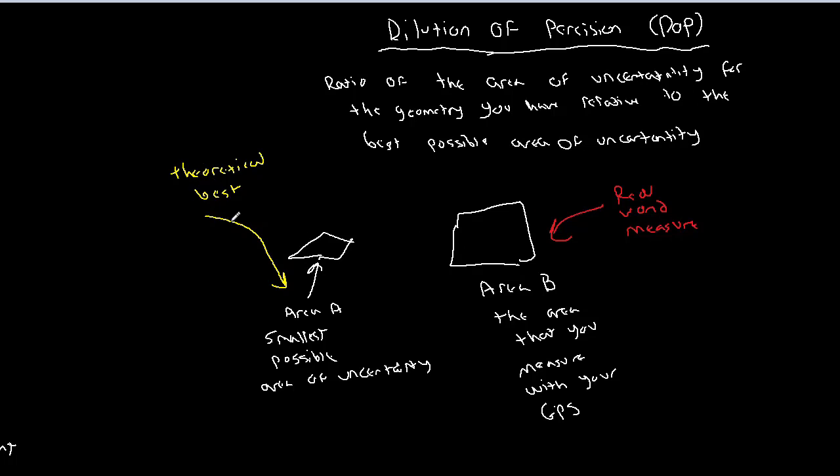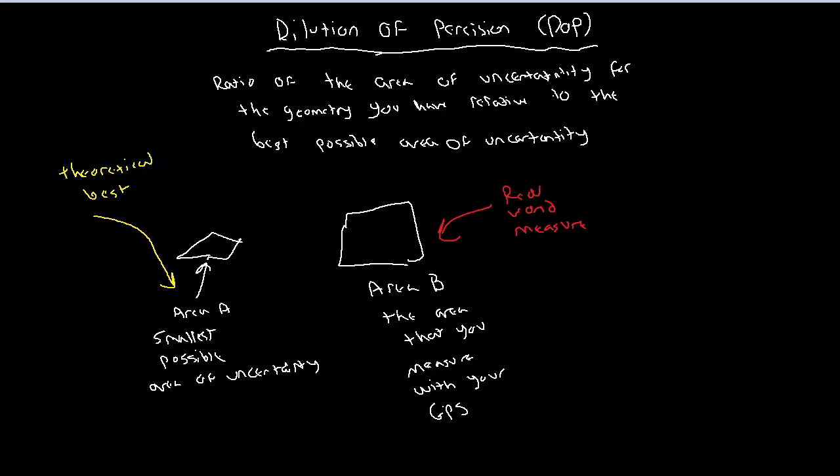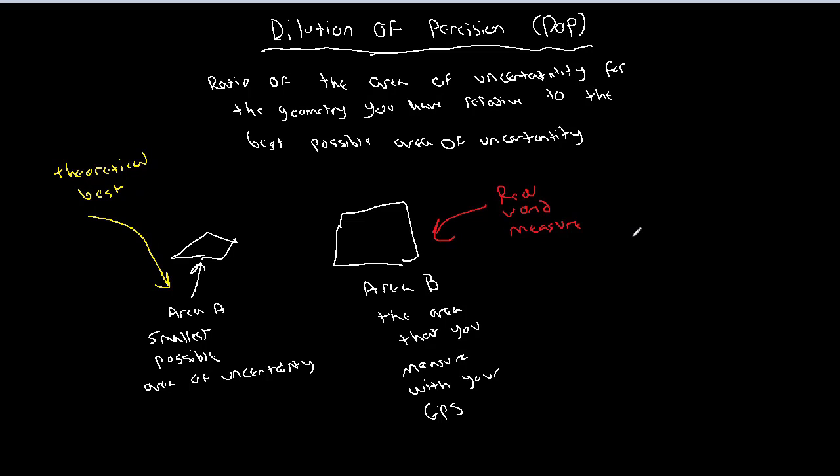So we know the theoretical best area that we could get, and we know what we actually got. We know the predicted area that we have given our GPS and what it just recorded. So what dilution of precision says is, what is the ratio between what we actually measured and what the theoretical best was? This is DOP.